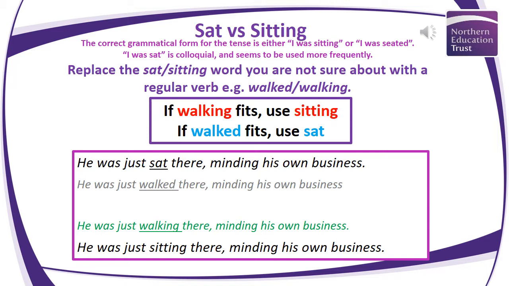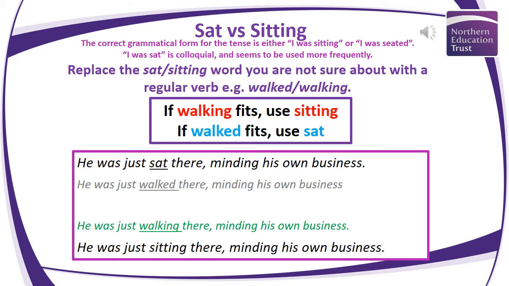Now, I was sat is colloquial, but it seems to be used more frequently. So the easiest way that I found for students to do this is that you replace the sat or sitting words with regular verbs like walked or walking. So if walking fits, then you use sitting. And if walked fits, then you use sat. Okay, so think about walking with the ing, and then you use sitting, and walked, then you go to sat.